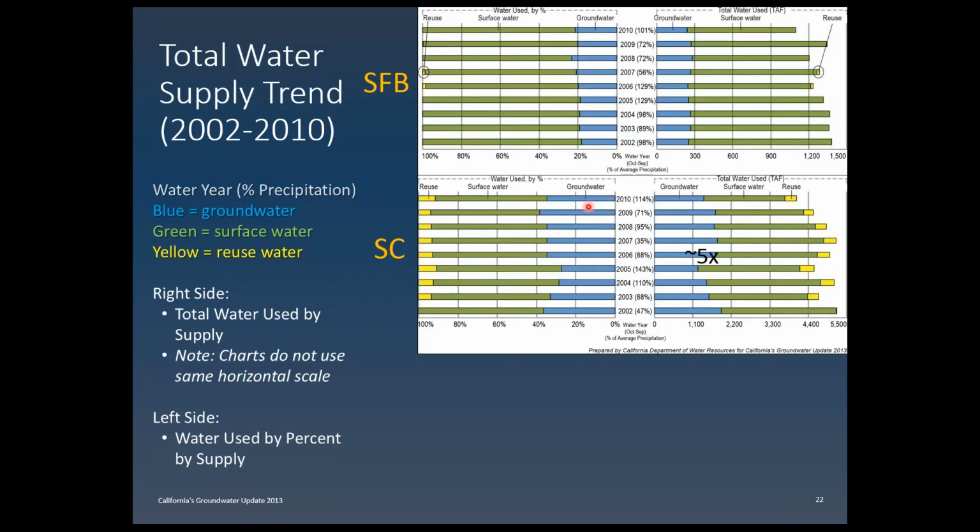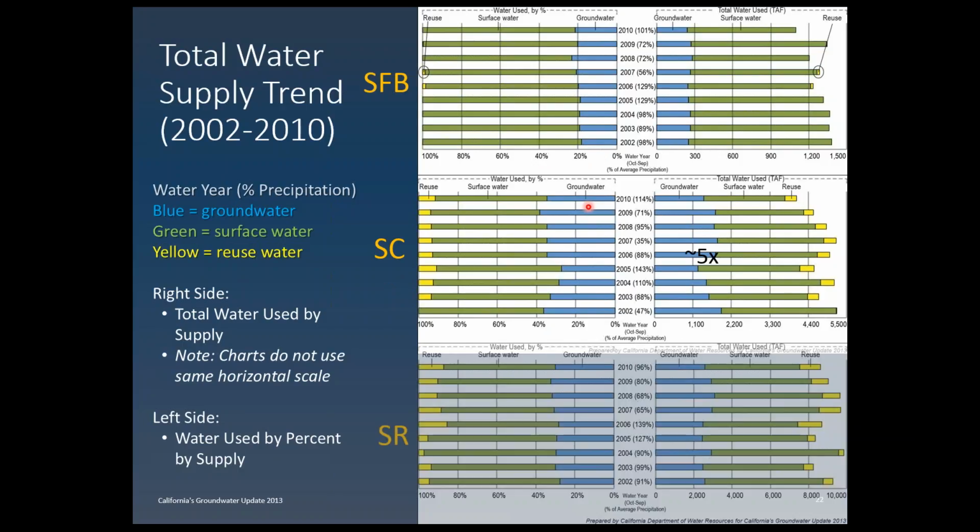Groundwater use in South Coast is running about 5 times what it is up in the San Francisco Bay Area. The Sacramento River, on the other hand, has similar patterns where when there's higher precip, there's less groundwater, so they're more influenced by precip rates, and they also have a lot of reuse occurring down there.